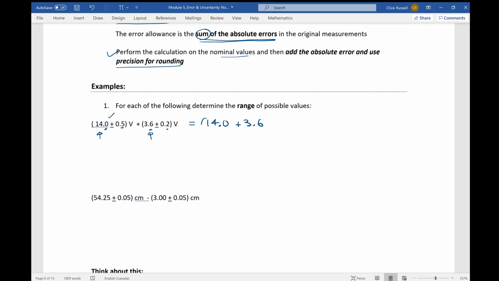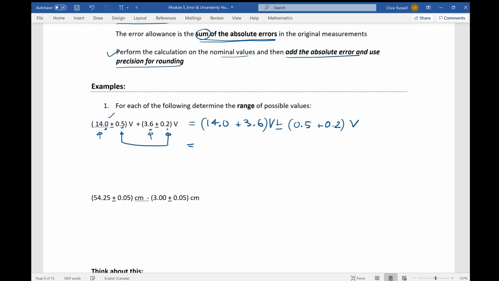Then we do plus or minus. Now we add the absolute errors, so we're going to have 0.5 plus 0.2, and that is volts. See, we add the absolute errors.